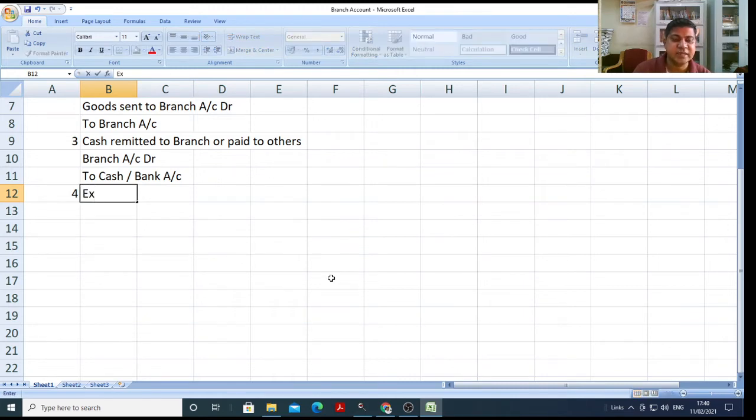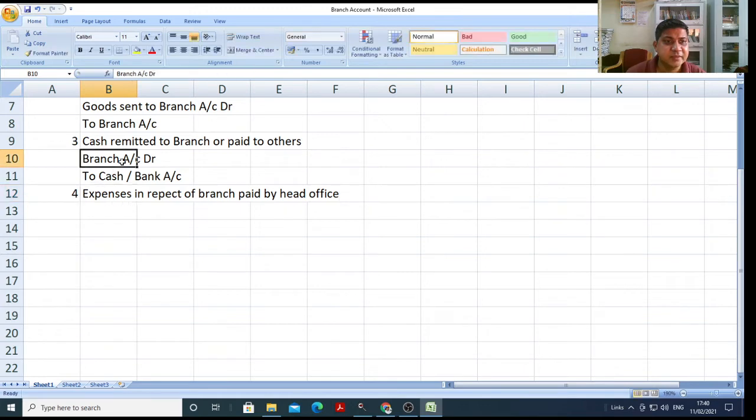Now the next entry: expenses in respect of branch paid by head office. The entry will be the same as in the third transaction: branch account debit to cash or bank account. I hope you understood.